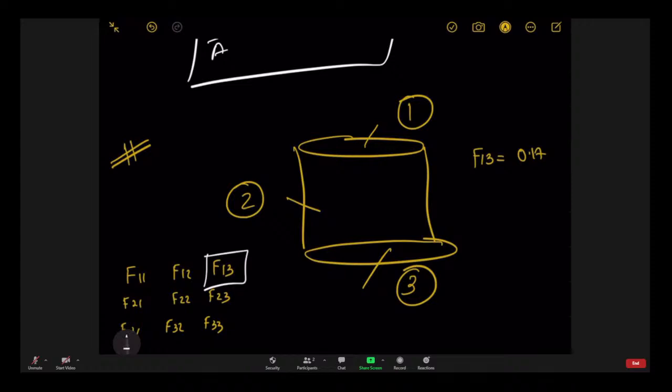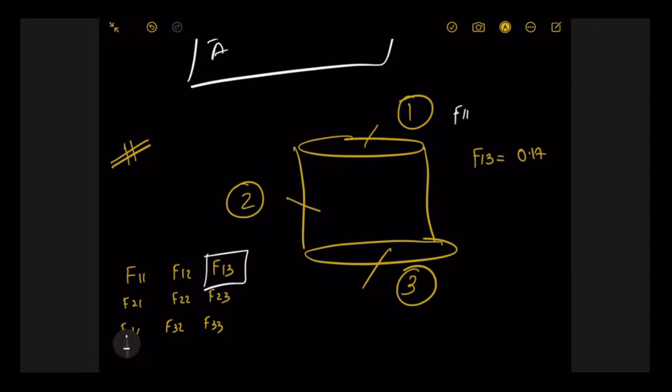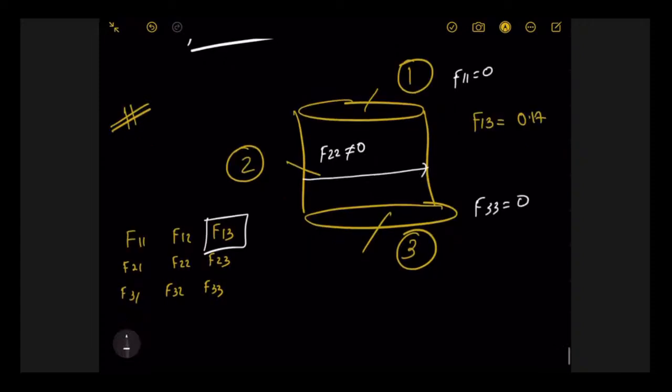See, F11 is 0 here. F33 is 0 here. F22 is not equal to 0 because here it will go to here, on the circumference surface. So as F11 is 0, you can directly apply F11 plus F12 plus F13 is equal to 1.